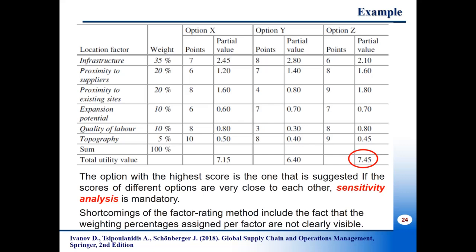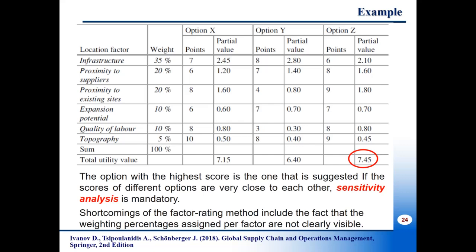For instance, between X and Z, 7.15 is not that far from 7.45. If one factor is changed a little bit, for instance proximity to existing sites of Z, because of some construction in that area the point degrades from 9 to 6, is Z still the best option?